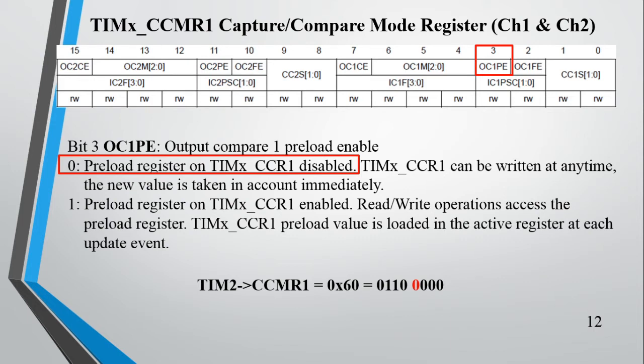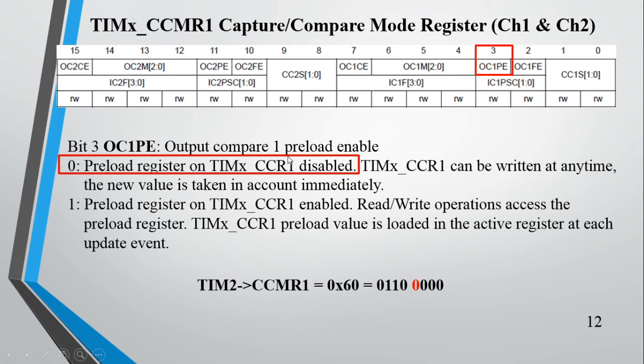Normally the PWM counter value will be compared with the shadow register of CCR1, right? So whatever value you write to CCR1, if the preload register is enabled, you will be writing only to the preload. We cannot write into the shadow register directly. Whenever an update event occurs, whatever value is written into the preload register will be taken to the actual CCR register.